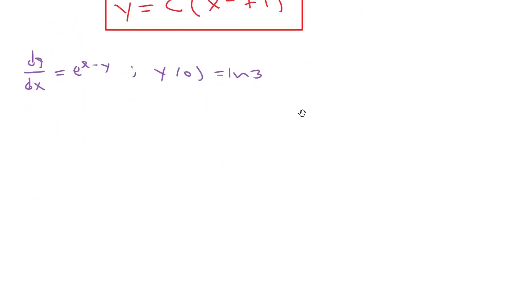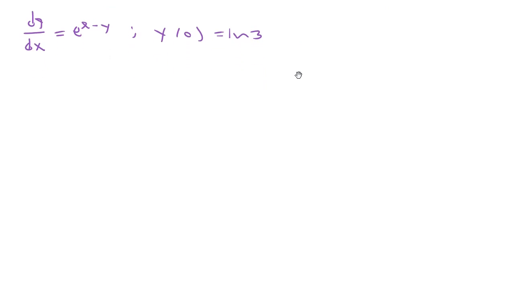Now, in any case, this can be solved easily by simply separating the variables, because notice that e to the x minus y is the same thing as e to the x divided by e to the y. From there, you can easily see that the variables can be separated such that you have e to the y dy equals e to the x dx.